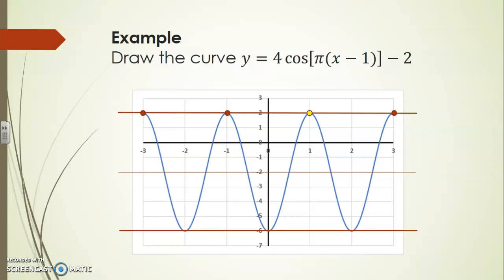Then we just recall that maxes and mins are equidistant, so we can locate the minimums by placing them halfway between the maximums. And the zeros, or the median points in this case, are also equidistant from the maxes and the mins, so they're always midway between the max and the min points. There we go. With these points, you're well set up to draw the graph that we see in blue.